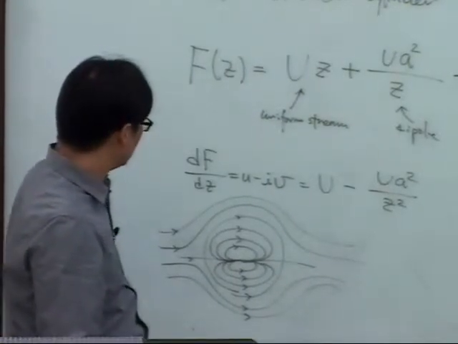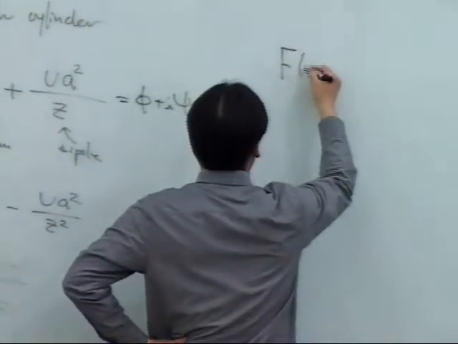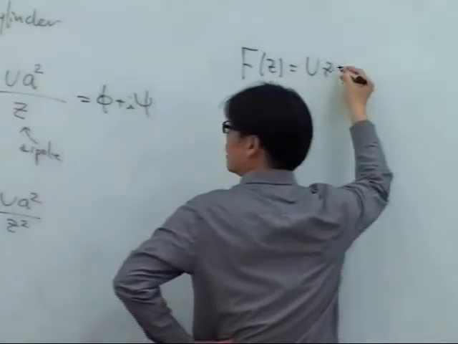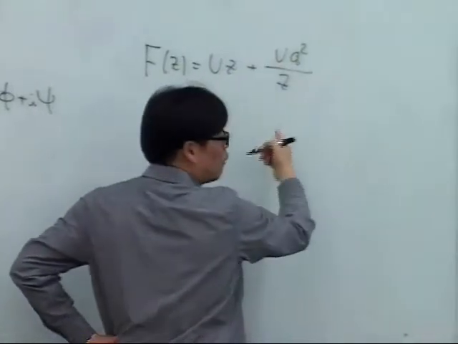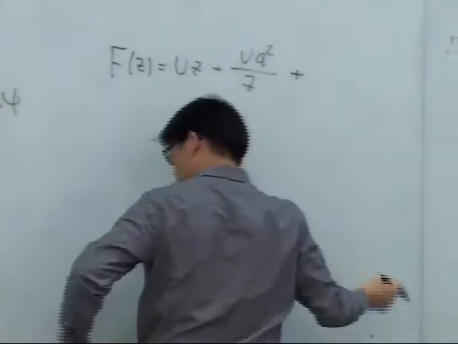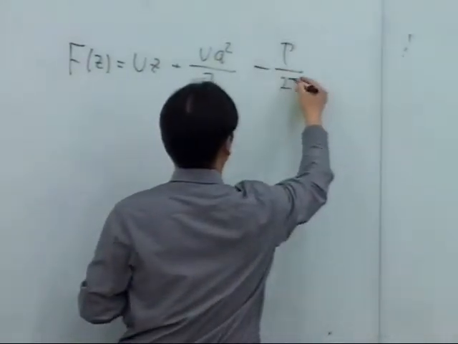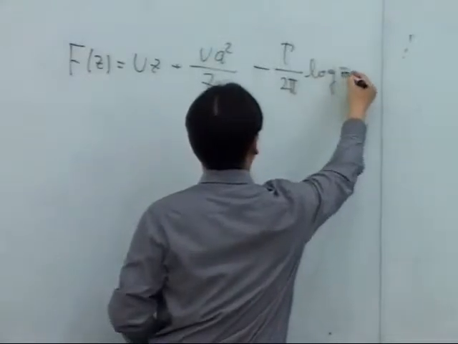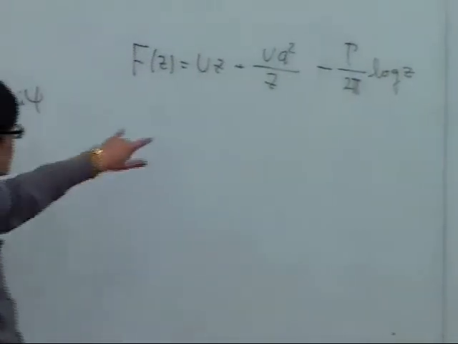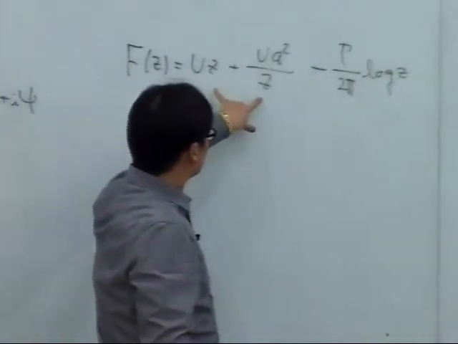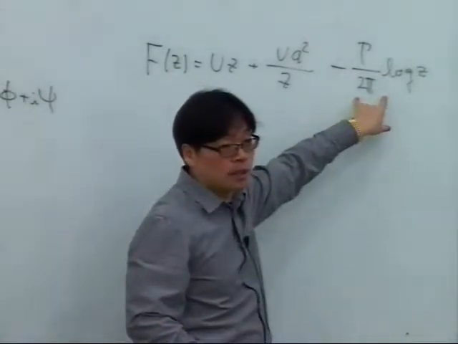Now we can make the problem a little bit more interesting. What if I add a vortex to this problem, but with a negative sign? So this is a circular cylinder sitting in a uniform flow, and now I add the vortex.